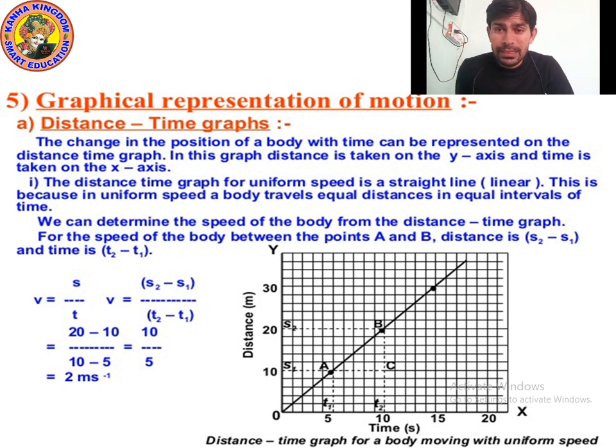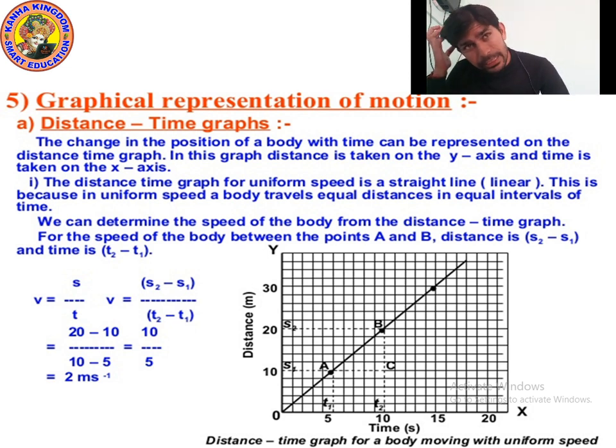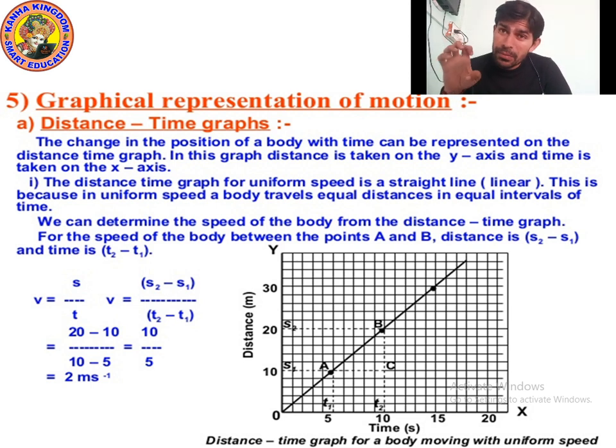As you can see in the picture, the change in position of a body with time can be represented on the distance time graph. If the position of a body is changing, it means the body is traveling a distance.